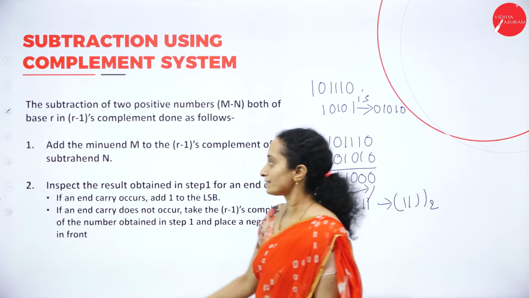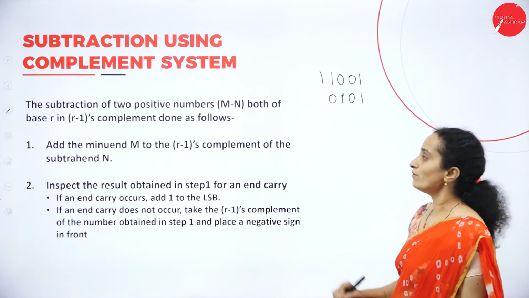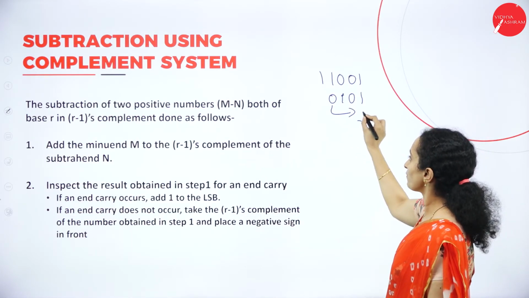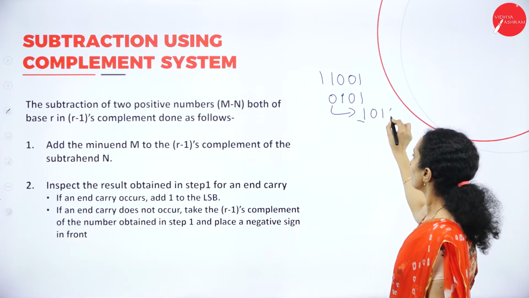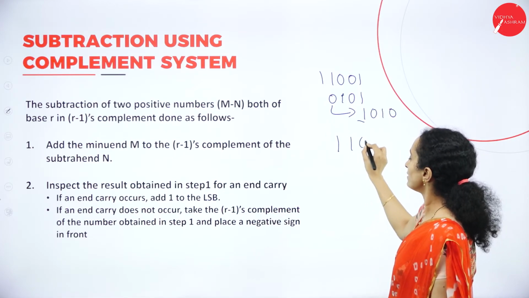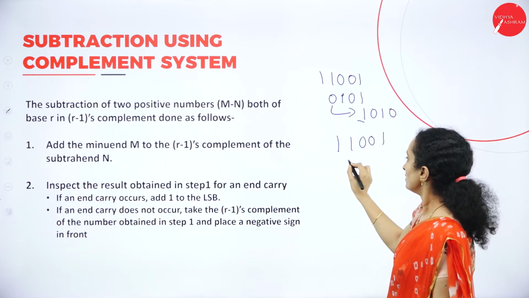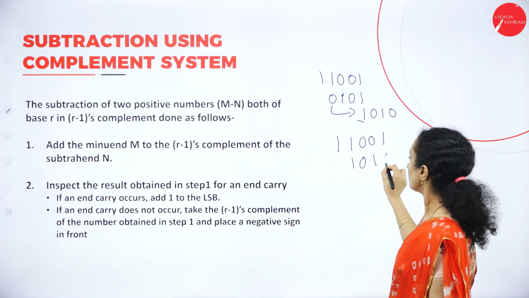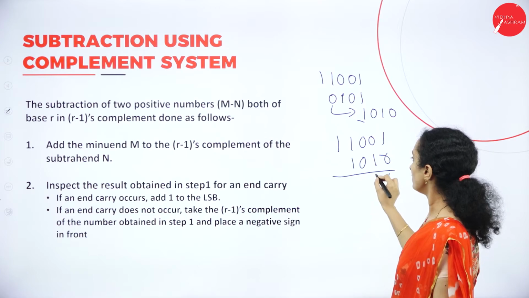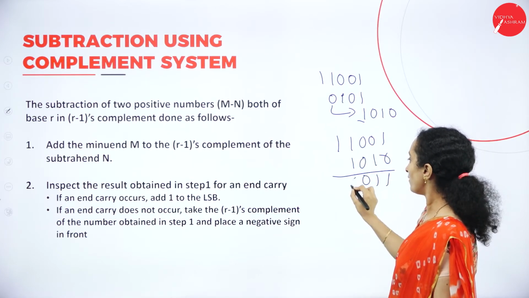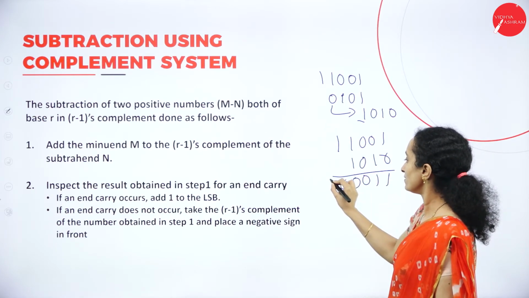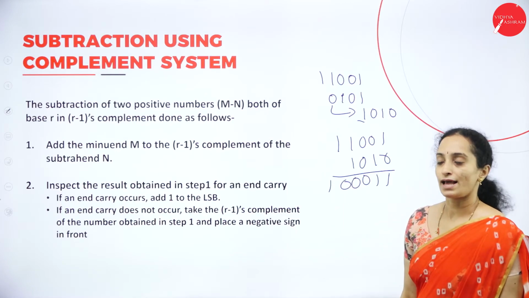If you take another example, first you have to find out the 1's complement of this. This will be 10 10. Add 11001. Then 1010 will be 110 110 110. There will be a carry of 1.